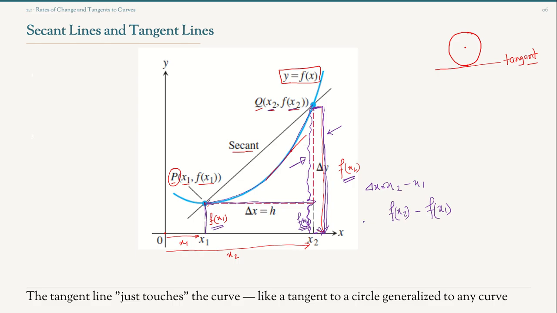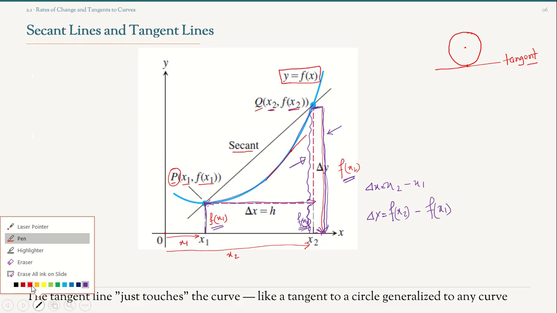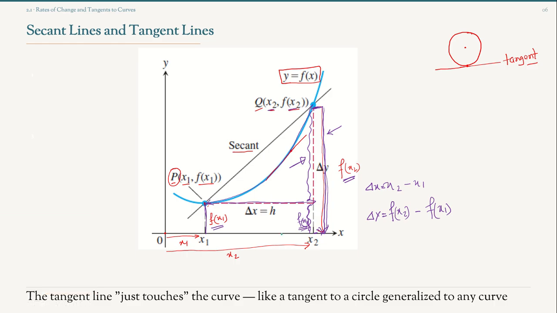Since this is vertical change, we can say here delta y equals f of x2 minus f of x1. Okay, so now what is the rate of change? That means, for these horizontal changes, we have this vertical change, right?